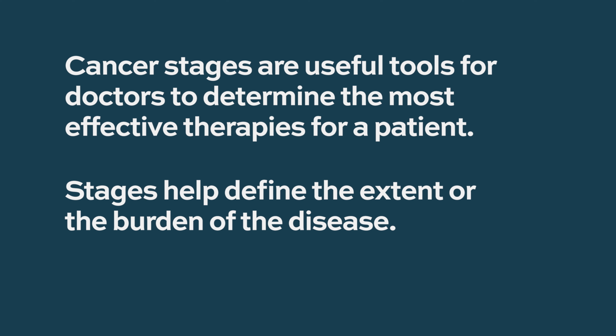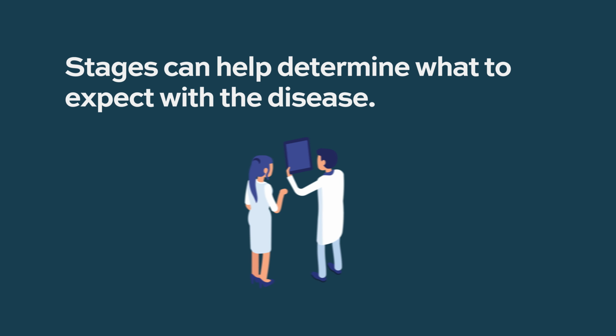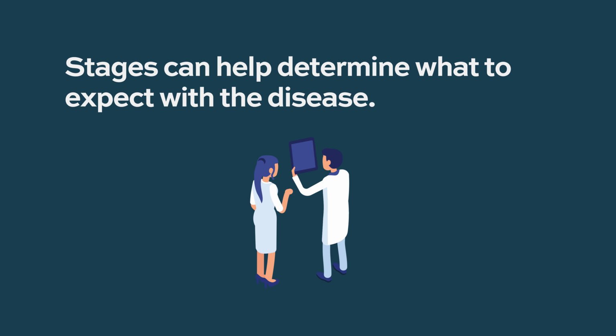So we do have staging in CLL, and this staging mainly takes into consideration if you have lymph nodes enlarged, if you have your spleen enlarged, or if you have a little bit more involvement of the disease causing problems in your bone marrow with low hemoglobin, low platelets. So the staging can guide us on what to expect from the disease.